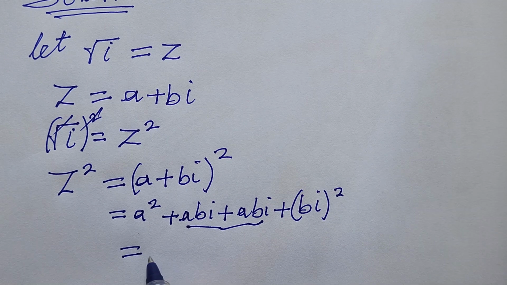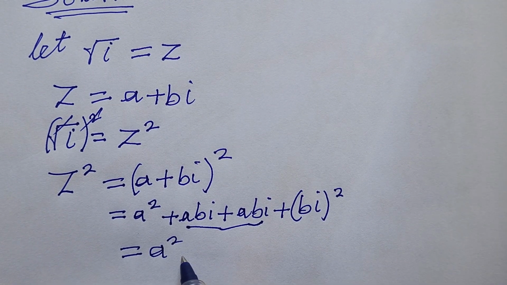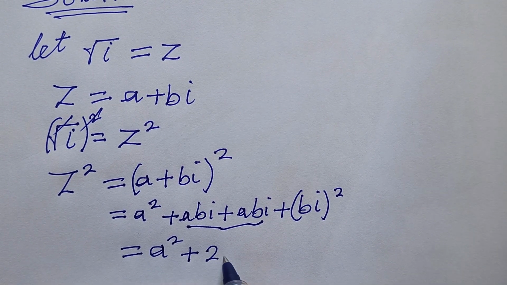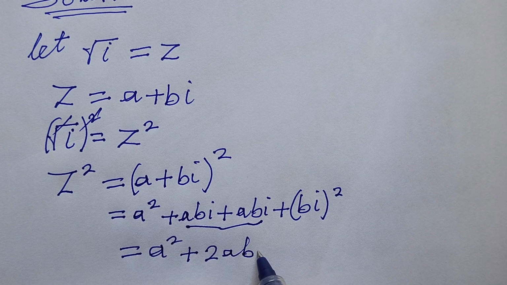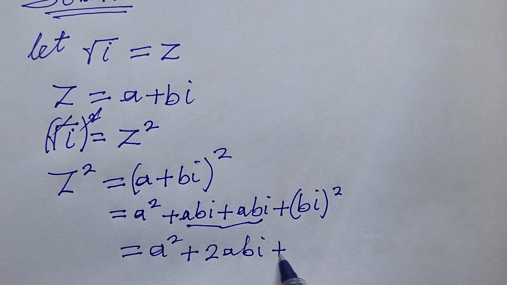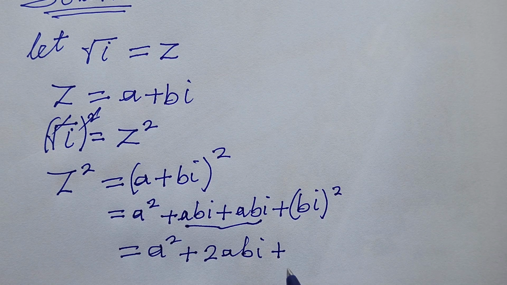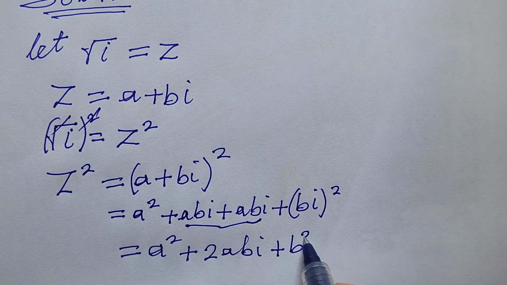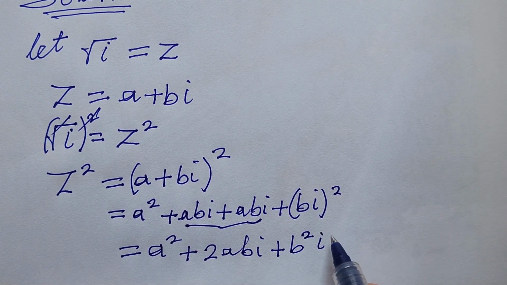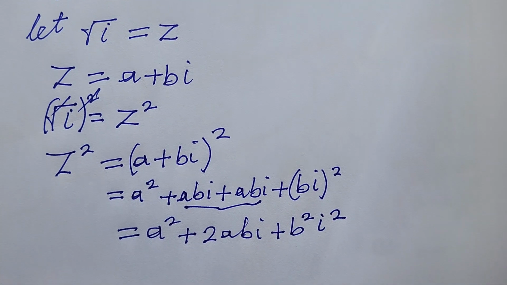So this will give us a to the power of 2 plus 2abi plus, we can distribute this among the terms we have here, b to the power of 2, i to the power of 2.